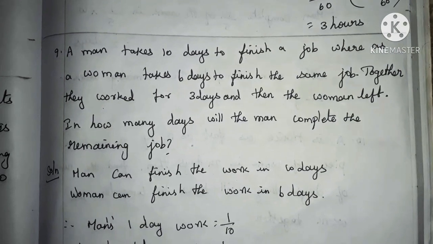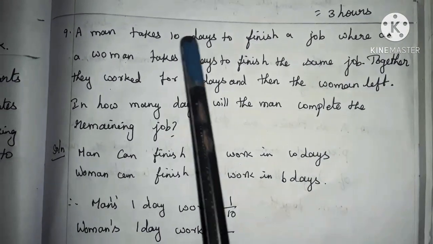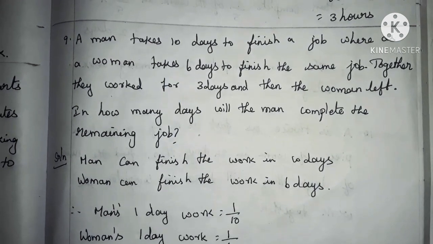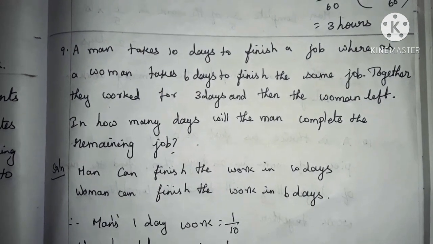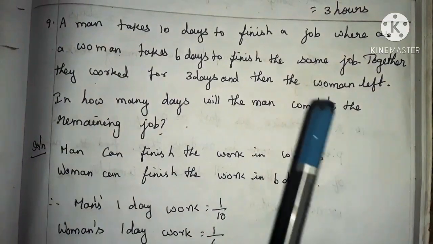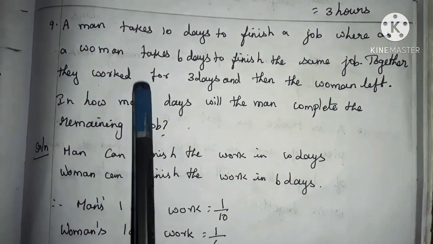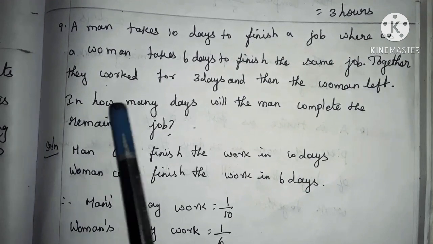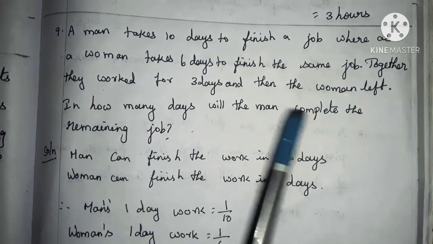9th sum. A man takes 10 days to finish a job, whereas a woman takes 6 days to finish the same job. Together they work for 3 days and then the woman left. In how many days will the man complete the remaining job?